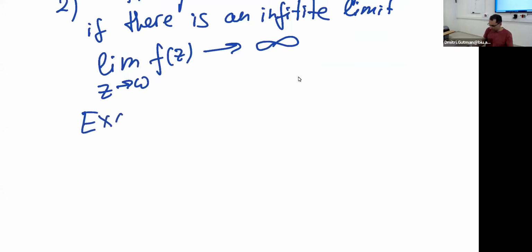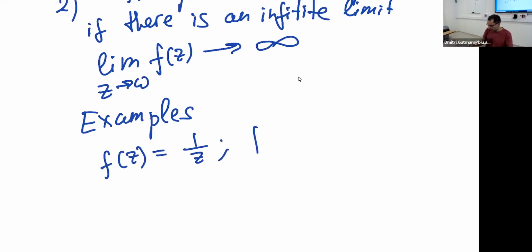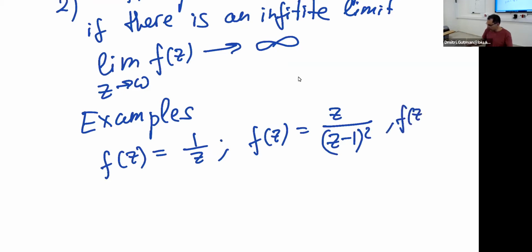Examples. f of z is equal to 1 over z. f of z is equal to z over (z minus 1) squared. f of z equal 1 over z cubed, and so on.